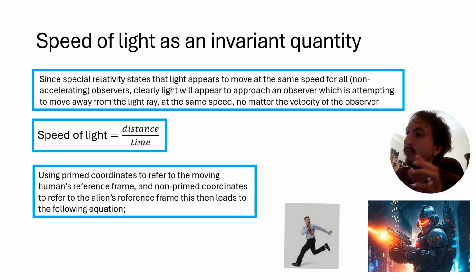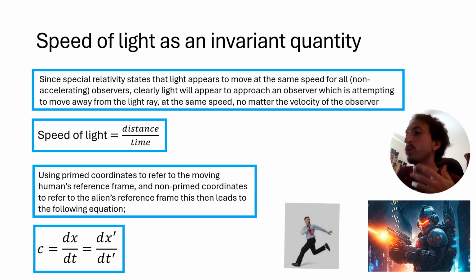So in other words, in the moving observer's reference frame, the moving observer might be stationary, because we define this coordinate system to move along with the moving observer. So in this coordinate system, the moving observer isn't changing his position, and it would be the ground as well as the alien which is moving away from the human. However, in truth, it doesn't really matter which way round you do it.